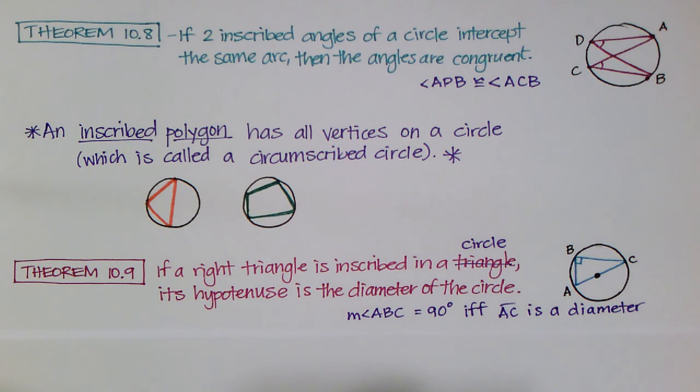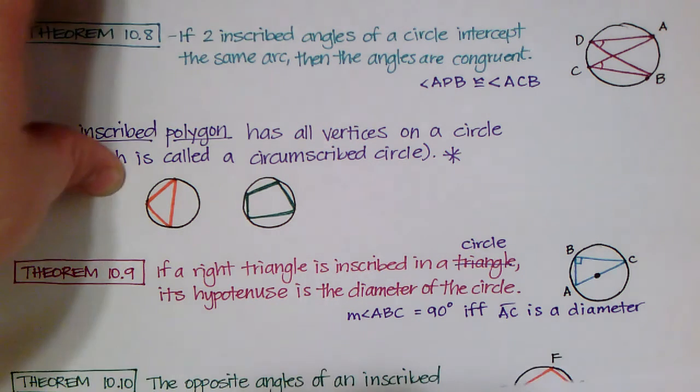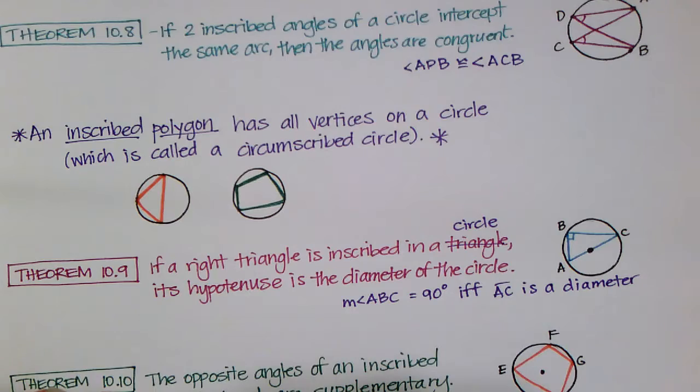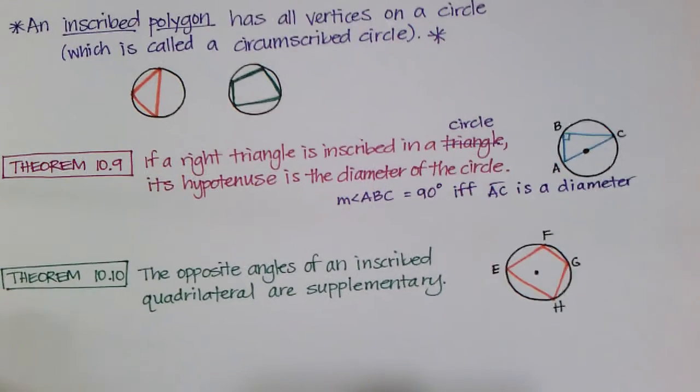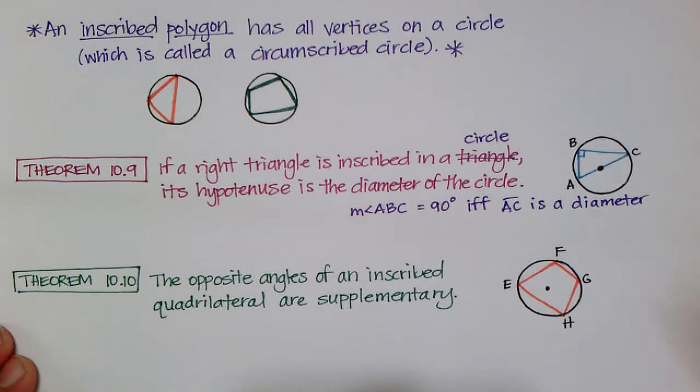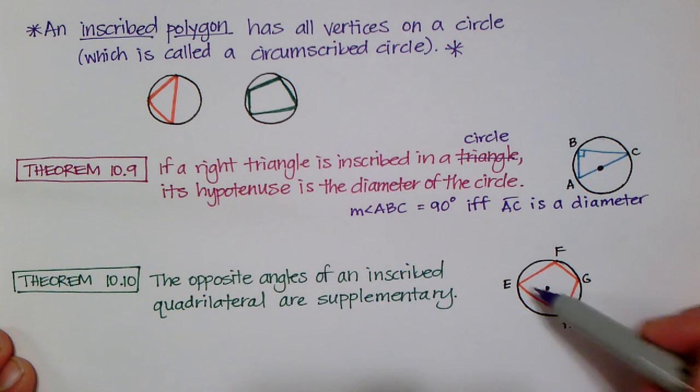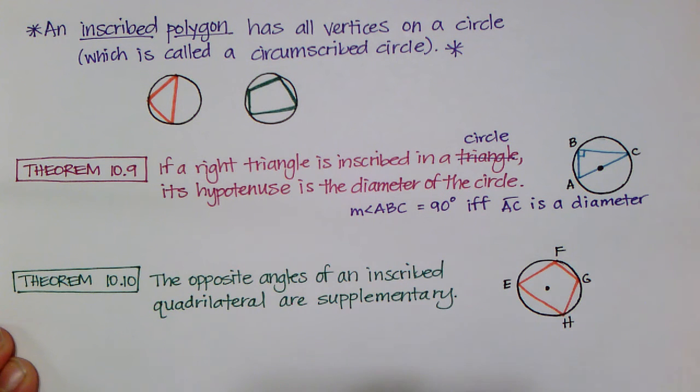Okay. One more theorem for you. This is Theorem 10.10, and it says the opposite angles of an inscribed quadrilateral are supplementary. So this is cool. Now we have a quadrilateral inscribed inside of a circle, and it's saying the opposite angles, so angles F and H are supplementary, and also E and G are supplementary.